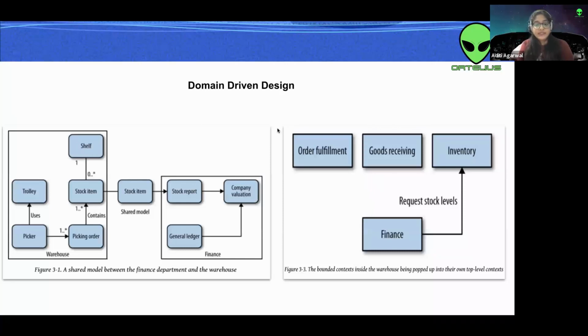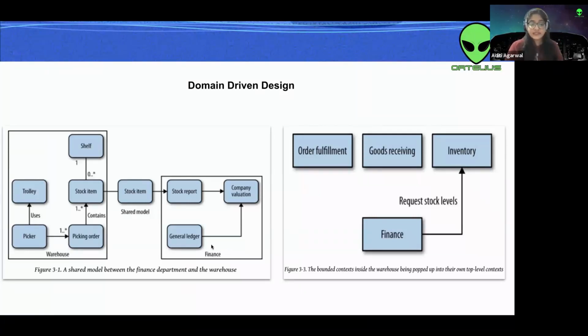So here in the left picture, as we can see, let us try to visualize the problem space using this picture. For example, I have this complete picture as my domain. Let's take my organization name is XYZ. So my domain name is XYZ, and in my domain I have these two subdomains, which are warehouse and finance.